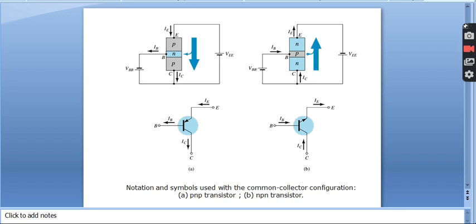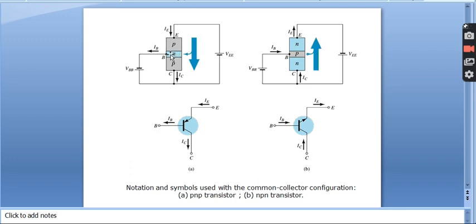The input junction is forward biased and the output circuit is reverse biased. Here the base is n-type semiconductor material, which has negatively charged electrons.